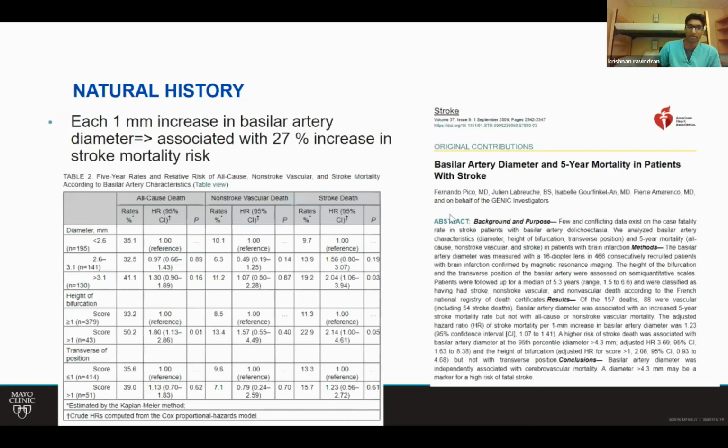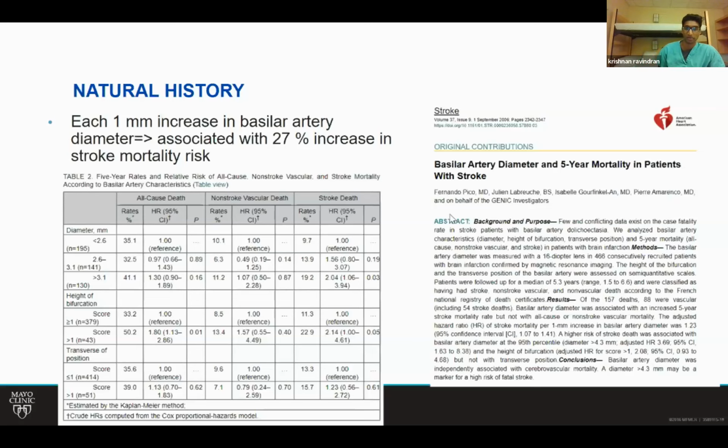And importantly, we know that the degradation of the internal elastic lamina is progressive and results in progressive symptoms in the majority of patients. This was an interesting paper by Dr. Picot, who's a French, I believe, interventional neuroradiologist.